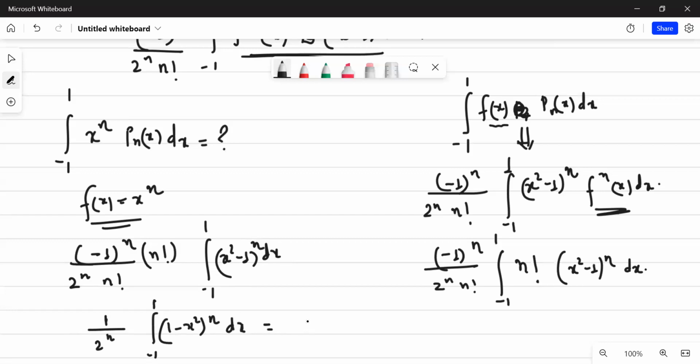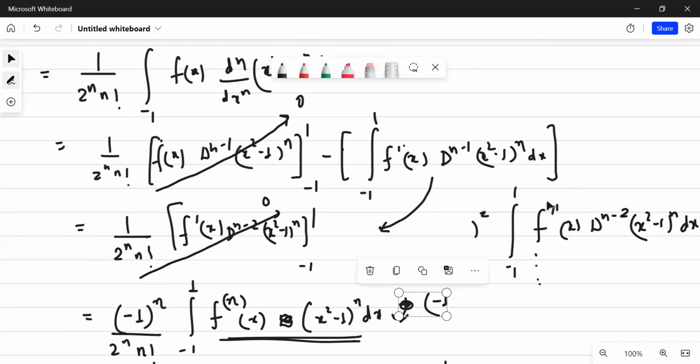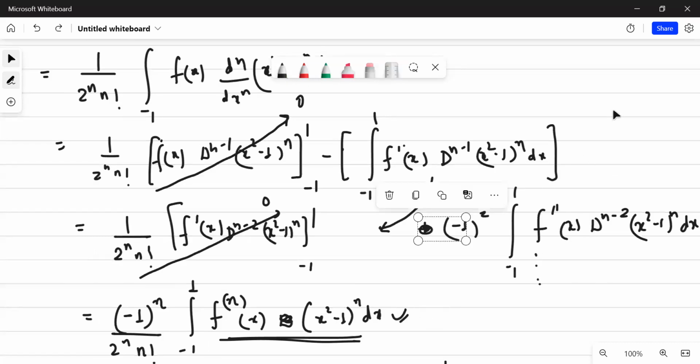Is that clear? And this you can write as 2 upon 2^n, from 0 to 1 of (1 - x²)^n dx. Is that clear or not clear? And this is something that we've already done, so I'm not going to repeat it.